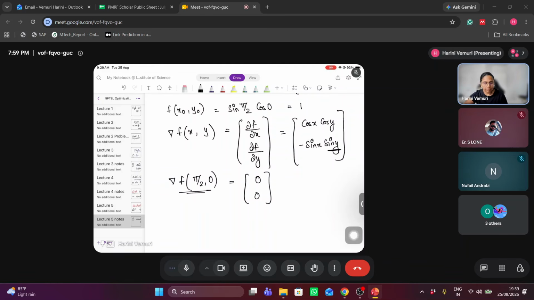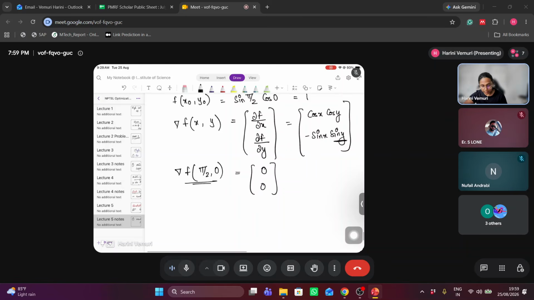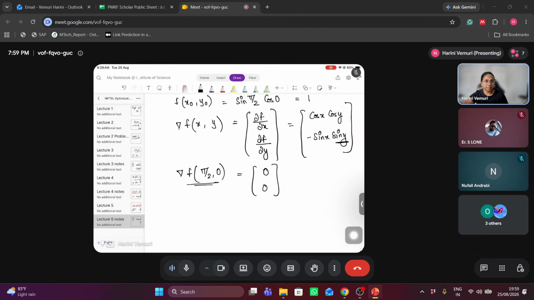From here we can have a slight idea that there might be an optimum at that point also, because the first derivative is equal to 0. Just for this particular case it is happening, but it doesn't have to happen in all cases that the first partial derivative at the given point x naught comma y naught will be equal to 0 comma 0.